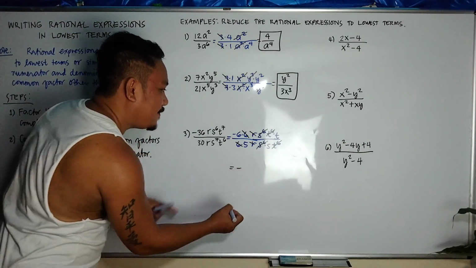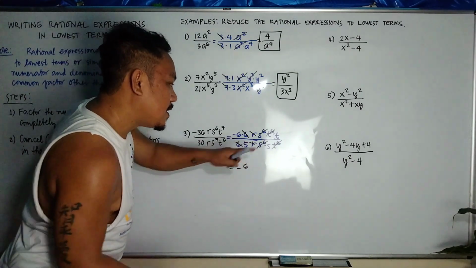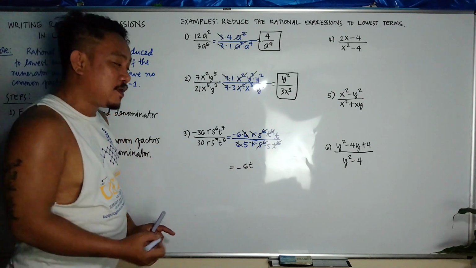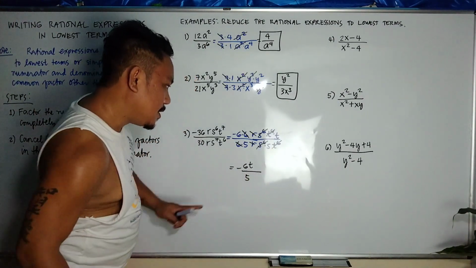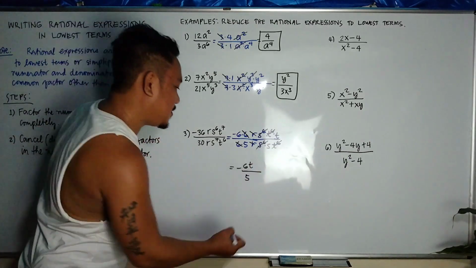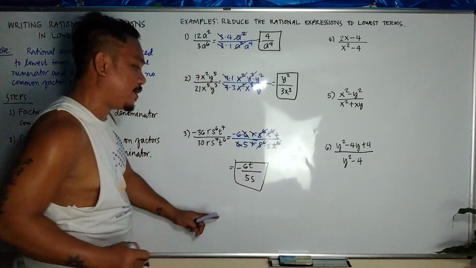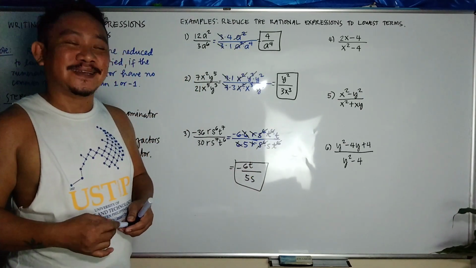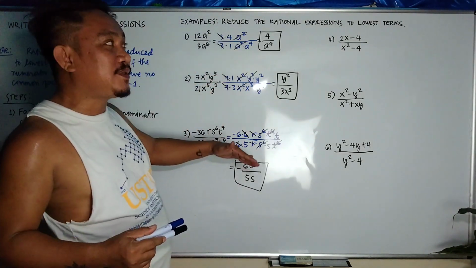We have negative 6 sa taas, then t. Correct? T na lang din ang variable sa taas, no? Over 5, then s. Okay. So, we have negative 6t over 5s. So, simple na kay class, no? Okay. So, kani mga simple na siyang 1, 2, 3.